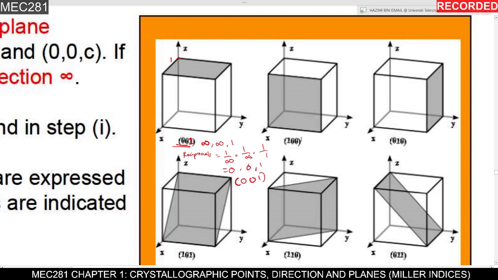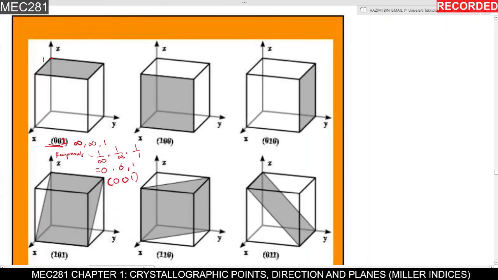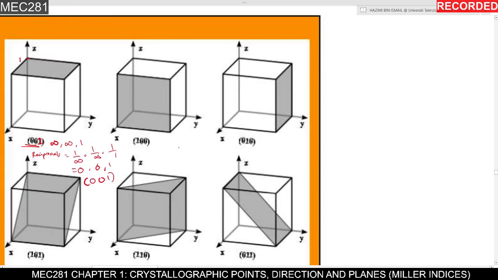Okay, and for the (1, 0, 0) plane here, it intercepts the x-axis at number 1. For the y-axis, it never intercepts, so it is infinity. And for the z-axis, it never intercepts, so it is infinity.